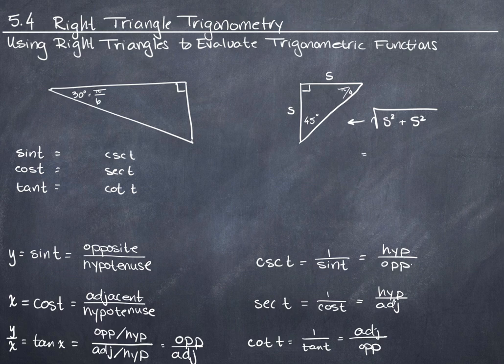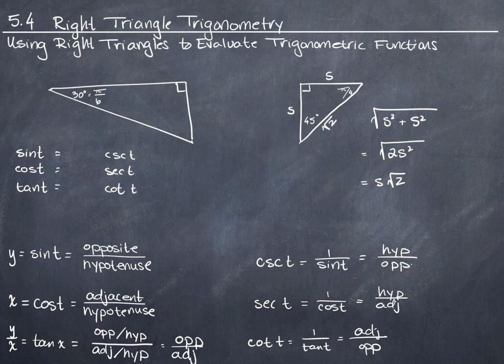If I simplify that, I get the square root of 2 copies of s squared, and I can simplify that even more to s times the square root of 2. So the length of this side here is square root of 2 times s.